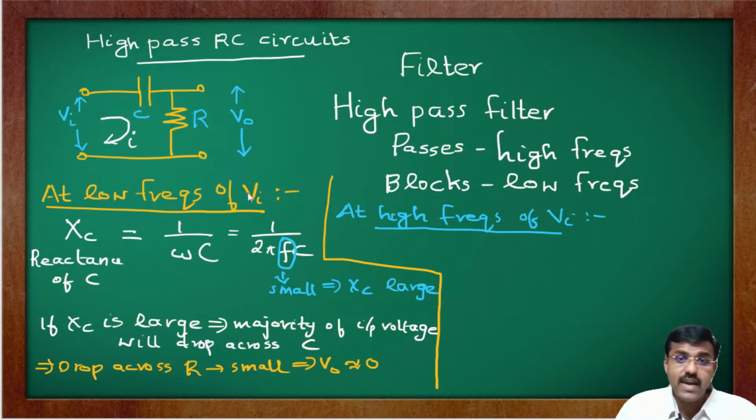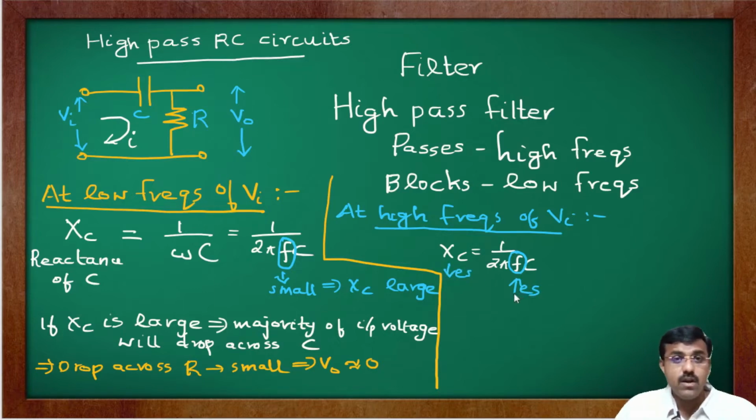What happens to reactance Xc, which is equal to 1 by 2 pi Fc? It becomes small as F increases. As frequency increases, Xc decreases.